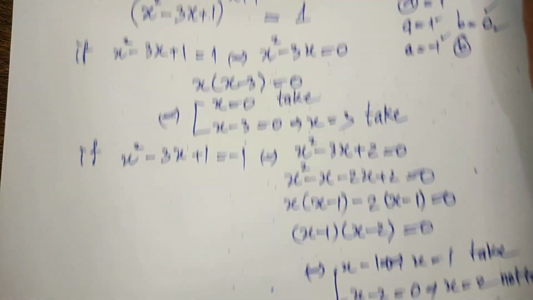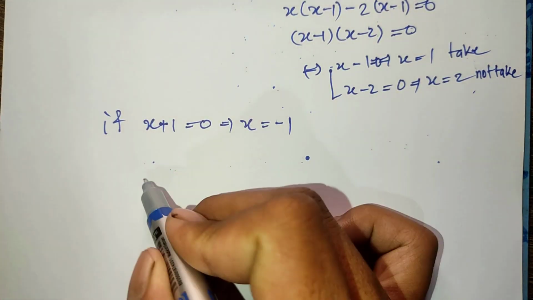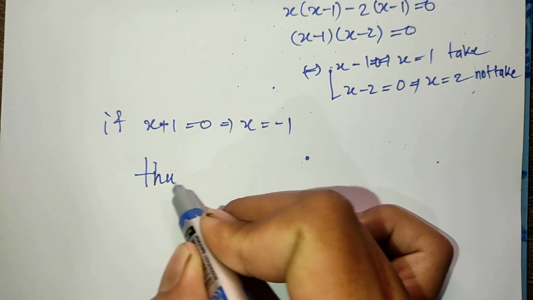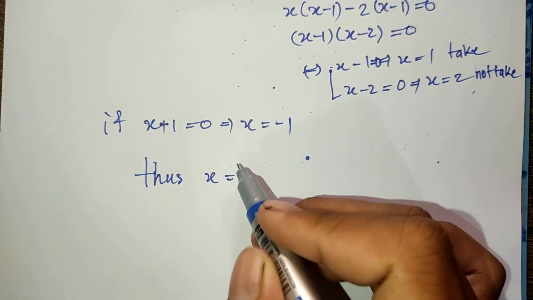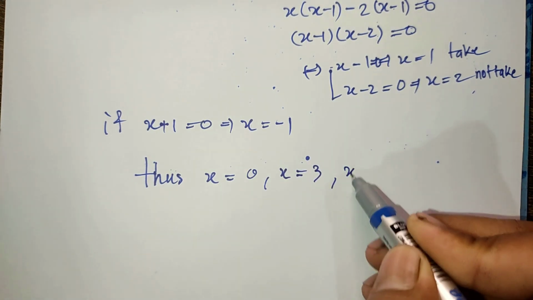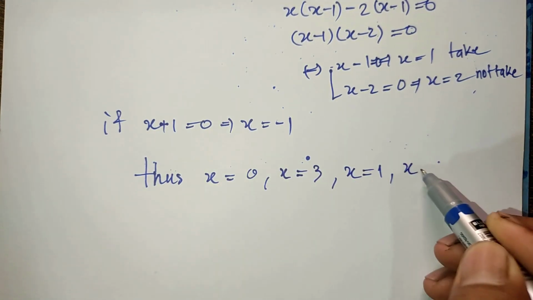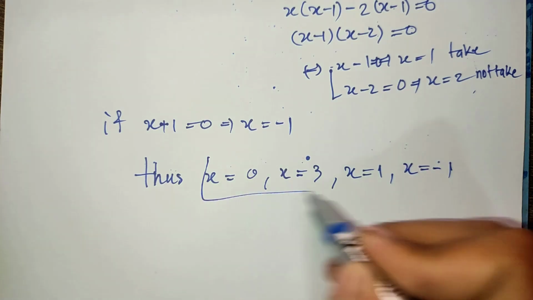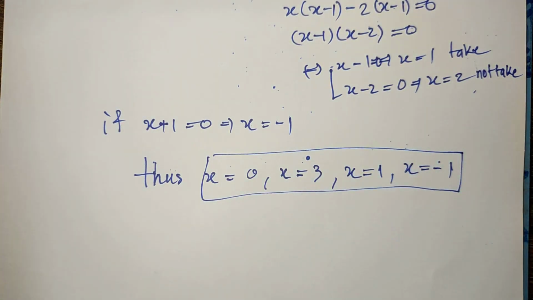So now we get the values of x. Thus, x equal to 0, x equal to 3, x equal to 1, and x is equal to minus 1 is our answer.